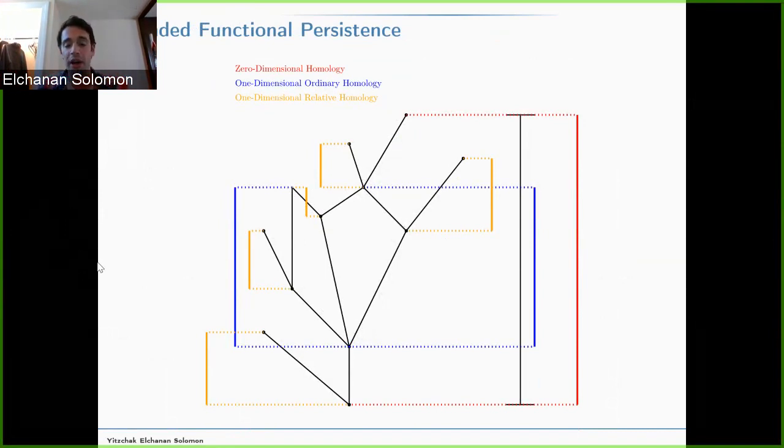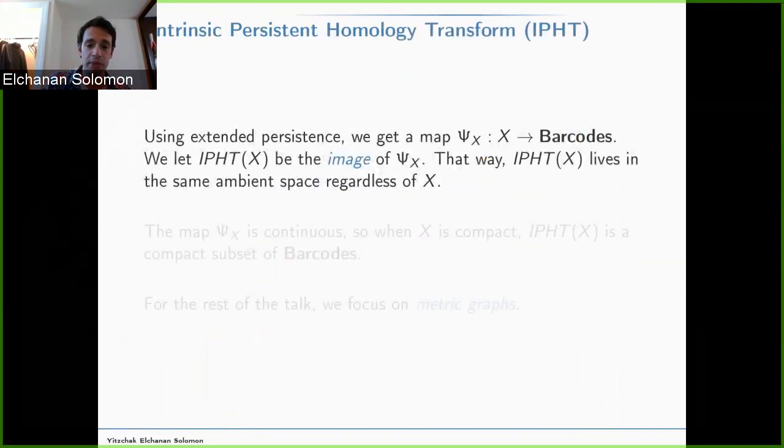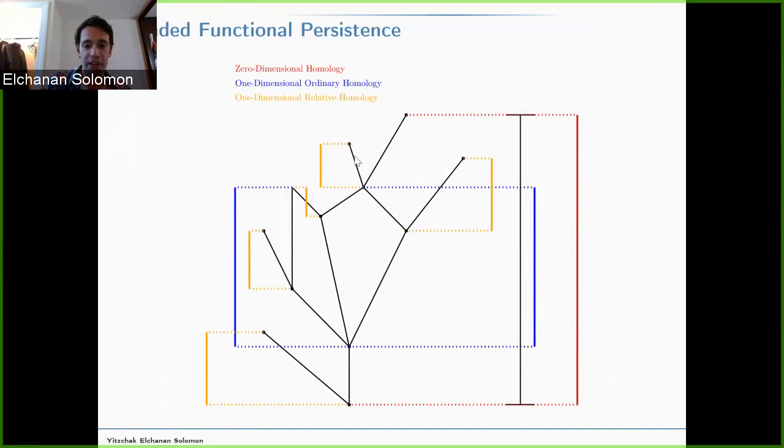Now, the yellow bars correspond to relative homology. Those are things which are born on the way down. So, for example, at this highest yellow bar, when the collapsing reaches here, you end up with a loop which starts here, goes down here, and over here you end up at the same point.